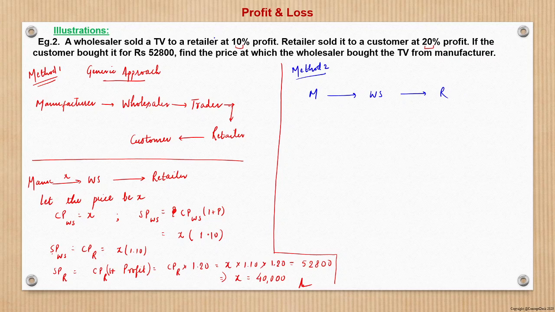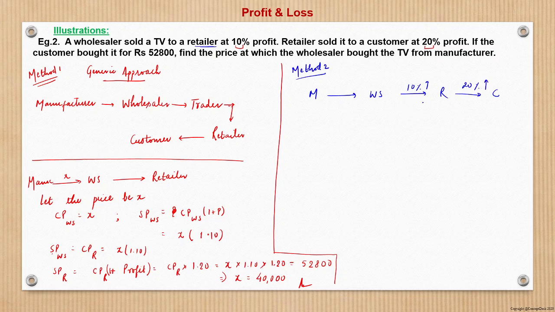It is given that the wholesaler sold a TV to a retailer at a profit of 10%. So here it is a 10% increment, right? And the retailer sold it to a customer again at a profit of 20%.